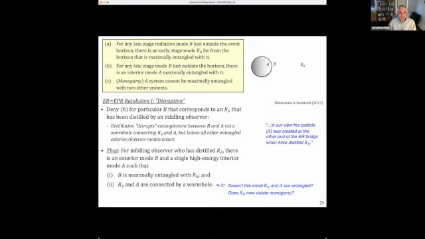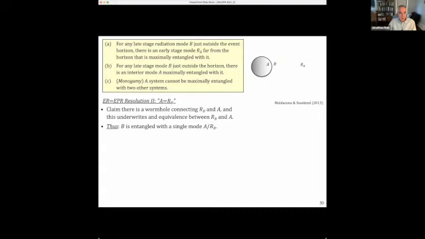But there's another version of the ER equals EPR resolution that Maldacena and Susskind discuss in their article. And this version has come to be called A equals RB.